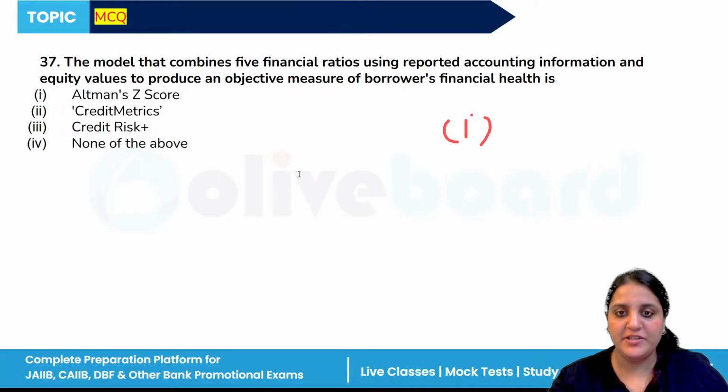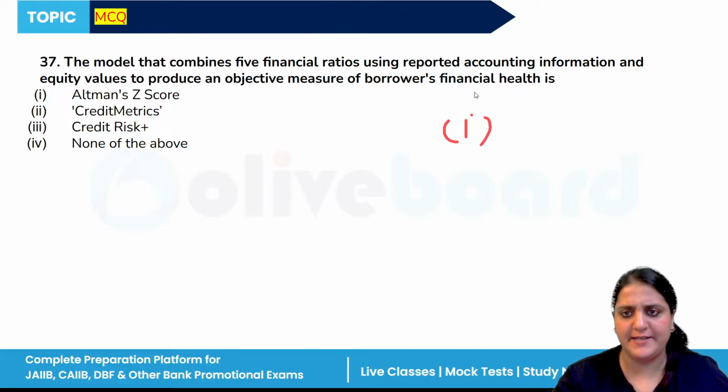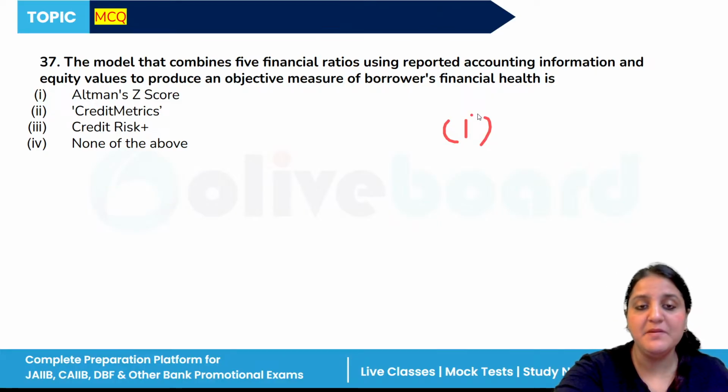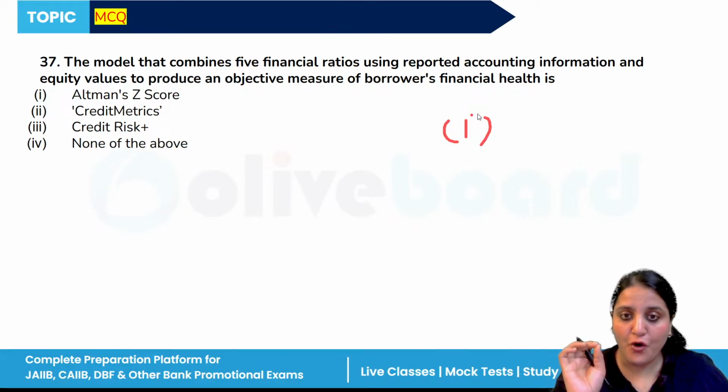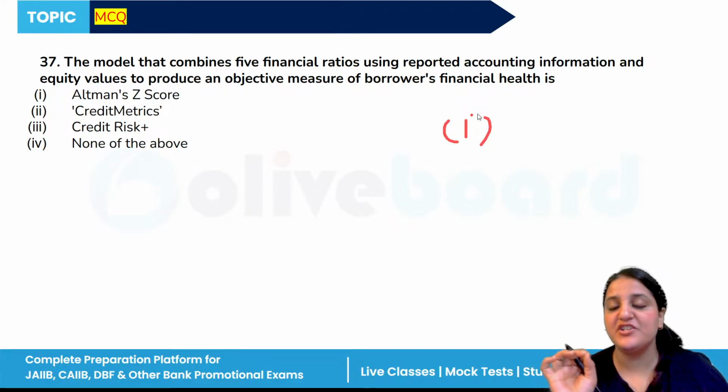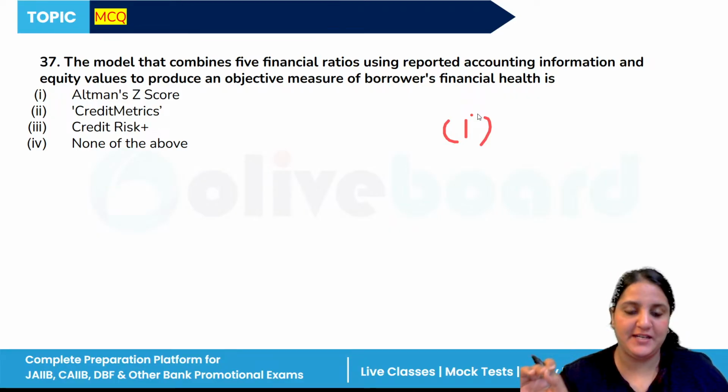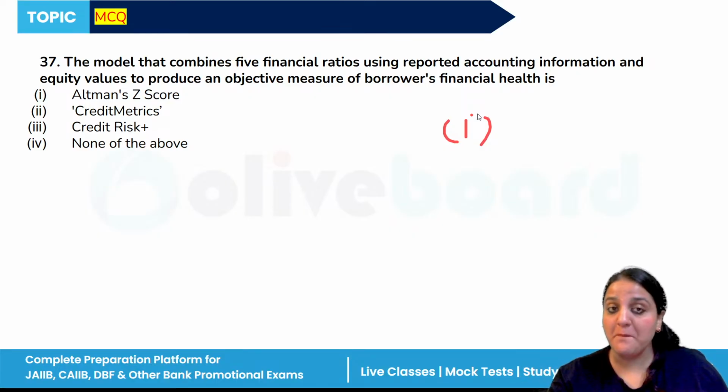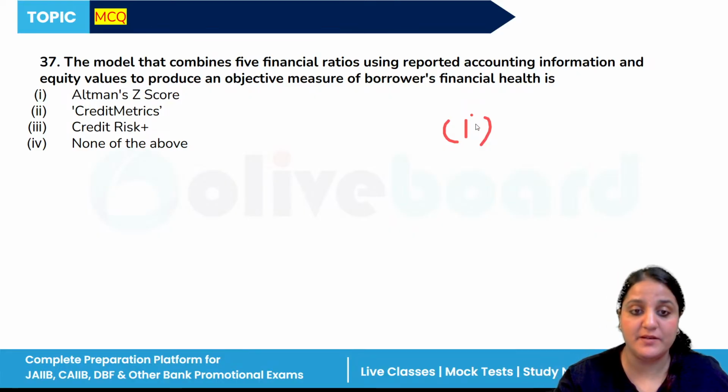Let me tell you about the Altman Z-score in some more detail. The Altman Z-score is a formula-based weighted metric developed by Edward Altman in 1968 to predict the probability of a company going bankrupt within 2 years.